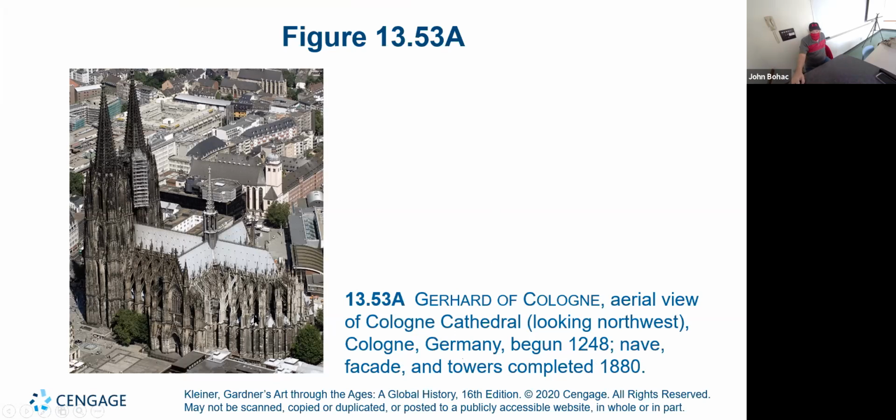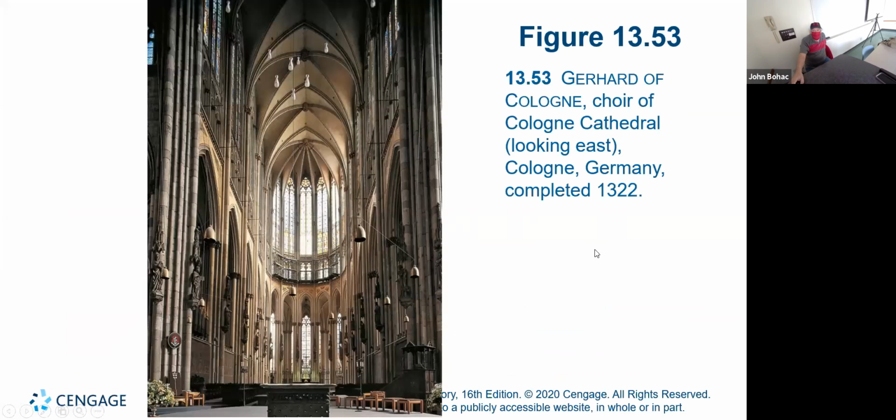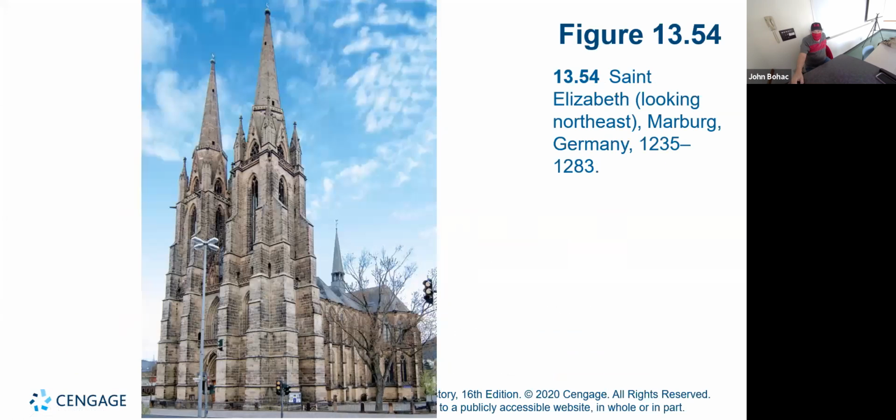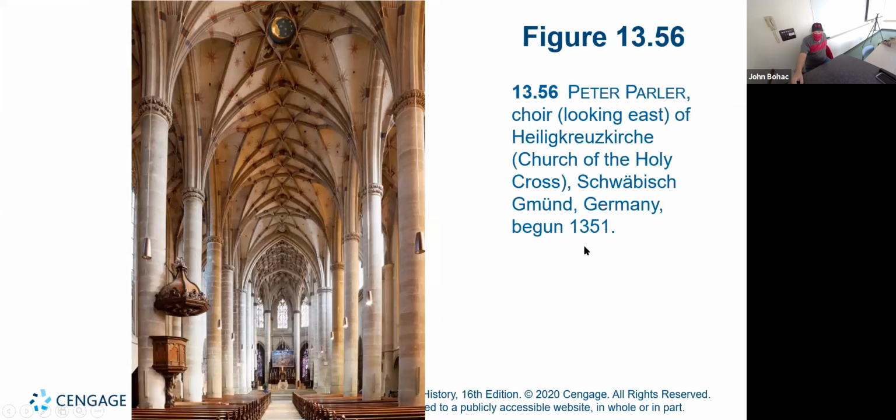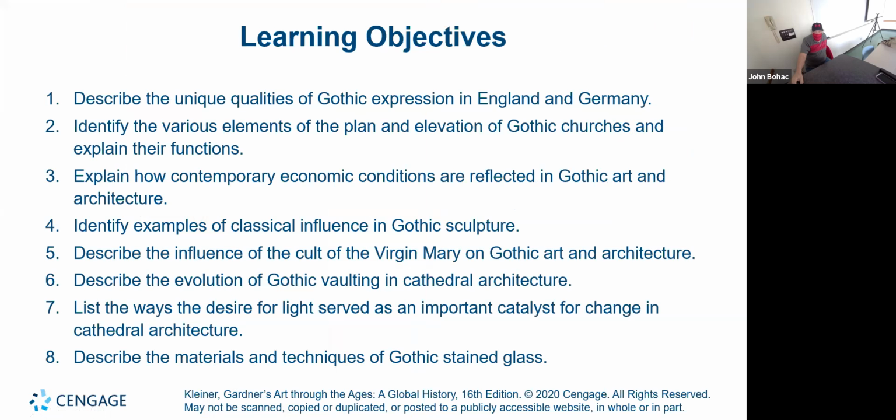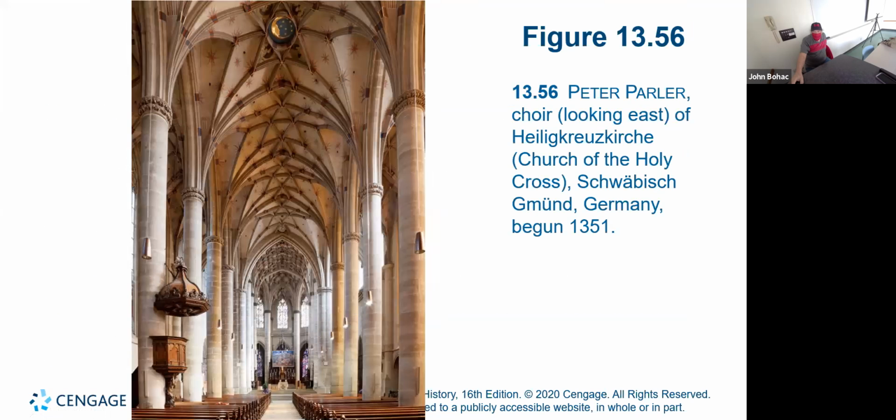Again, 13th century, extremely, has all the hallmarks of Gothic cathedrals. St. Elizabeth in Germany. You see this one not quite as ornamented. The Church of the Holy Cross, and that's all I have.